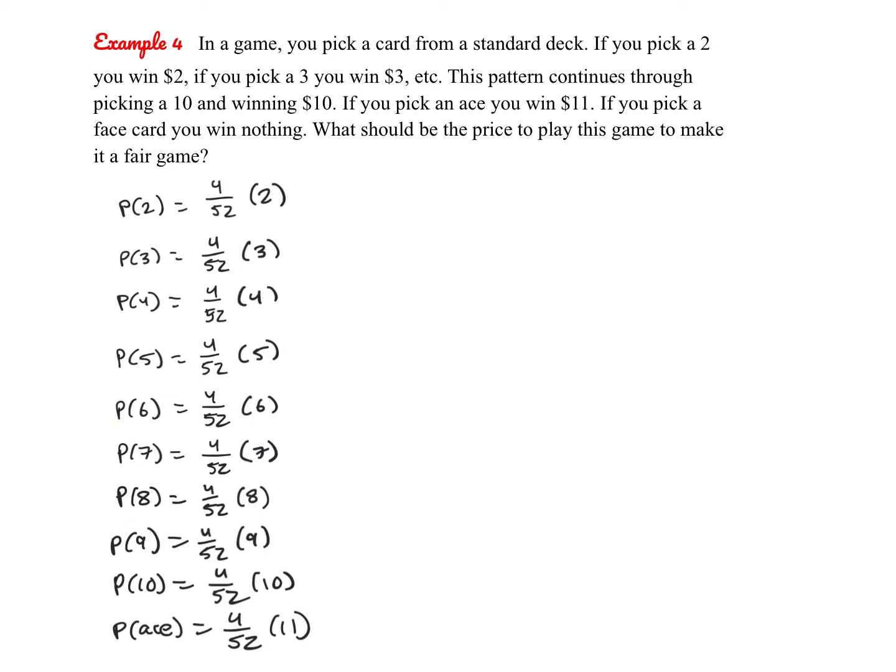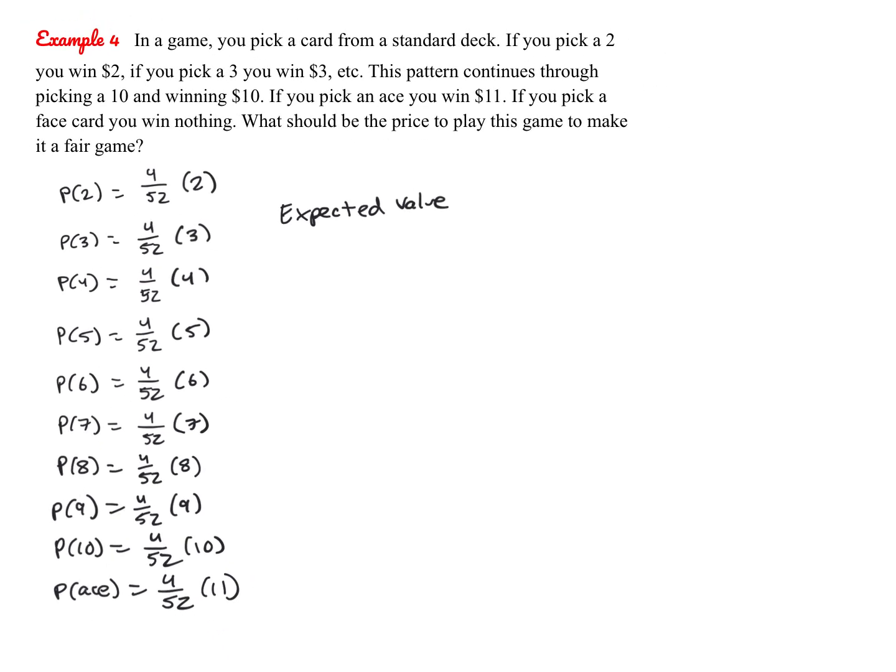So then from here, we're essentially going to go in and add all of these up. So for the expected value, we're going to add up those individual payouts based on their probability. So for our numerators, it's 8 plus 12 plus 16 plus 20 plus 24 plus 28 plus 32 plus 36.